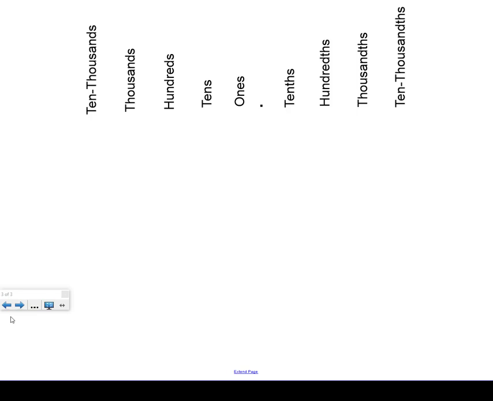All right, so we're looking at the chart, and I'm going to give you a number. We're going to write it in, and then we're going to identify what numbers are in what place values. So the number is 178.36. We read numbers on the right side of the decimal place and the left side. So the first thing that we're going to do is we're going to read exactly what we have, and we have 178.